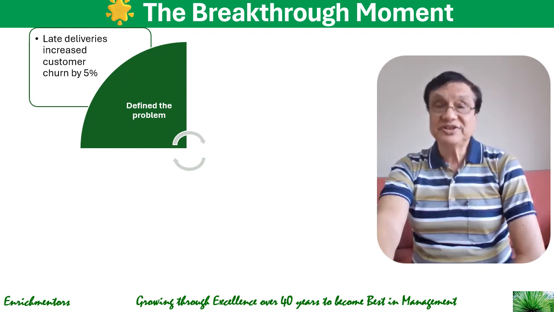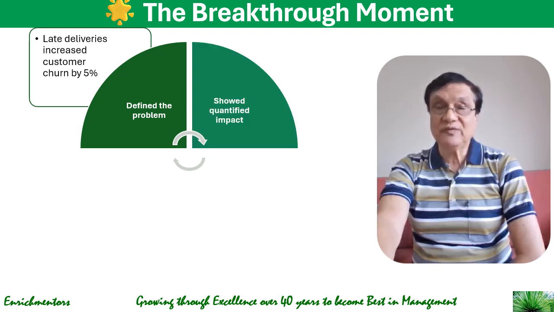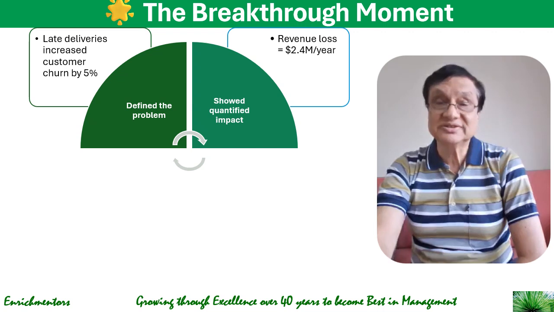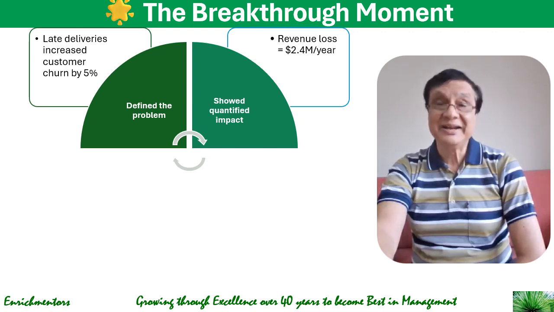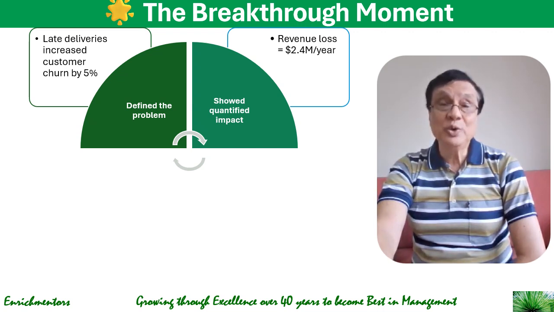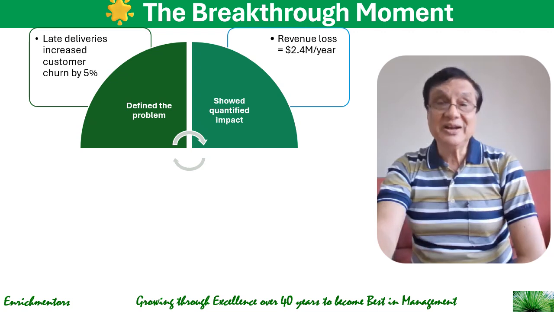Then she quantified the impact and showed that it was resulting in a revenue loss of $2.4 million every year. That made the leadership team sit up straighter and look at the presentation more closely.